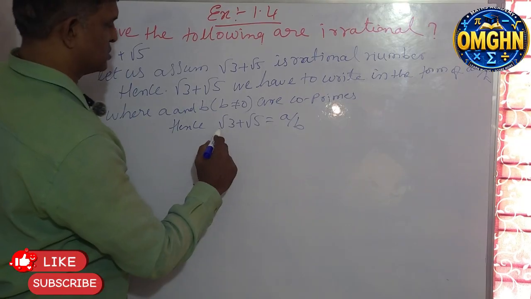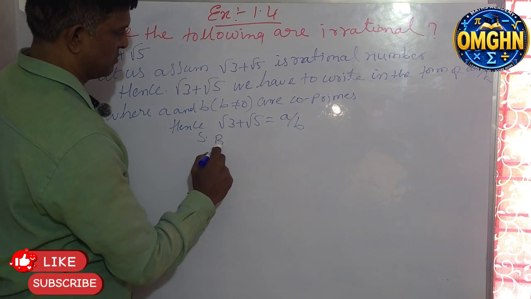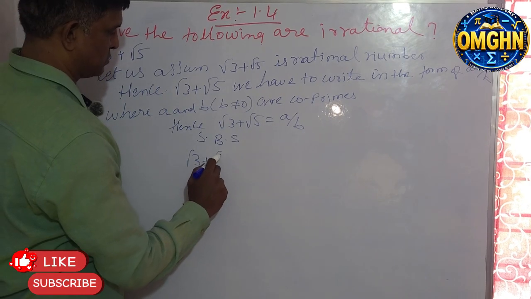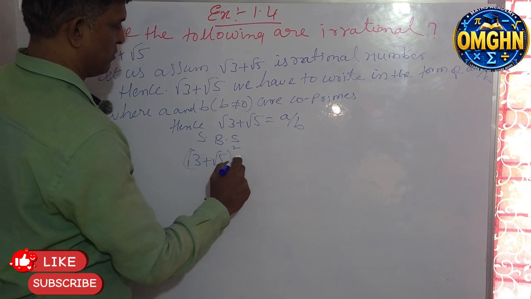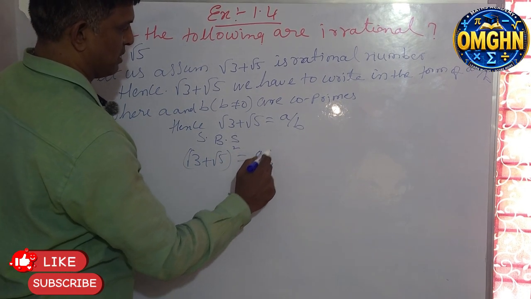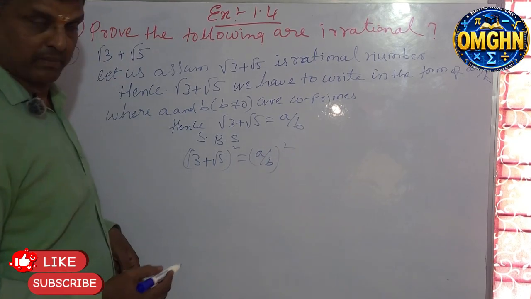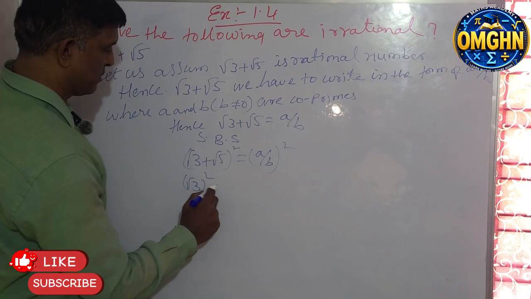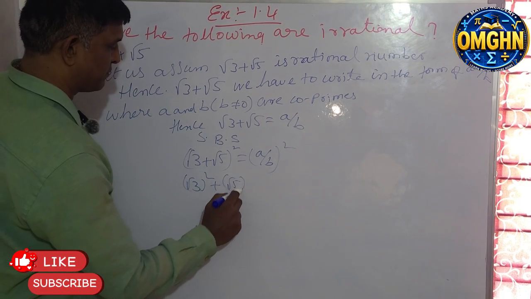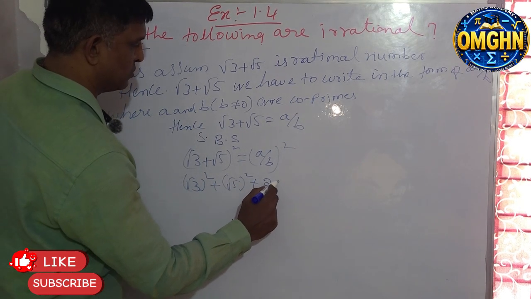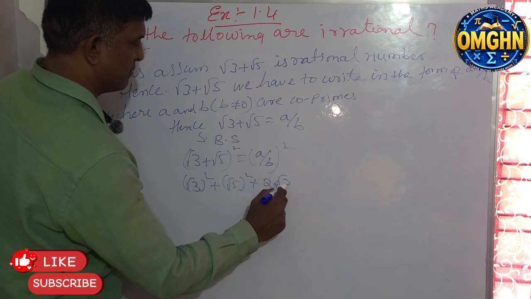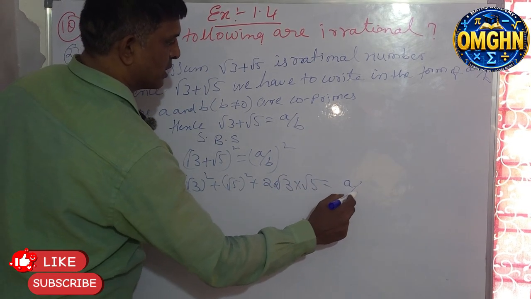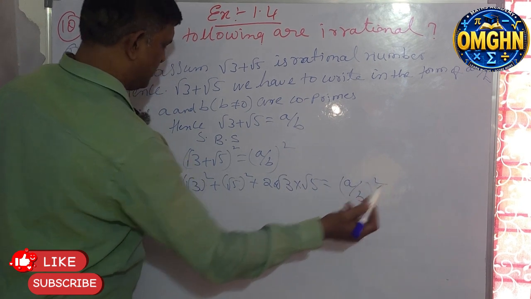Now squaring both sides. That is, root 3 plus root 5 whole square equal to a by b whole square. This is a square plus b square plus 2ab, like that we will keep.